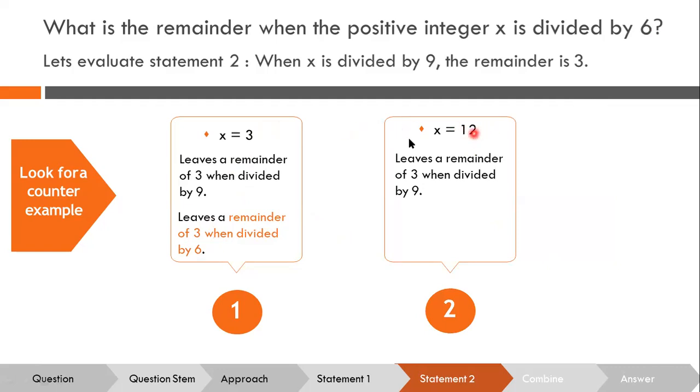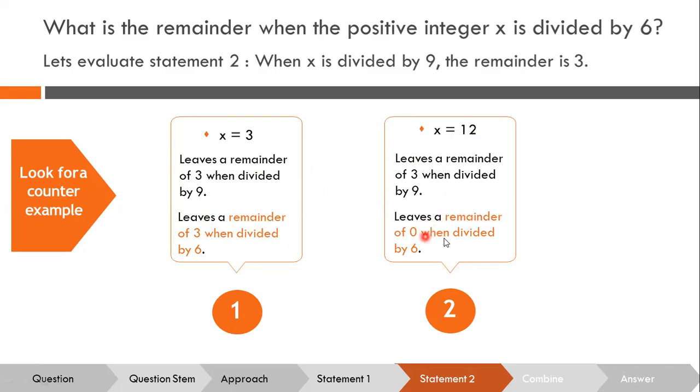If you divide 3 by 9, you get 3 as a remainder. If you divide 3 by 6, you also get 3. But look at this. If you divide 12 by 9, you get 3 as a remainder, but when you divide by 6, you get a 0 remainder.